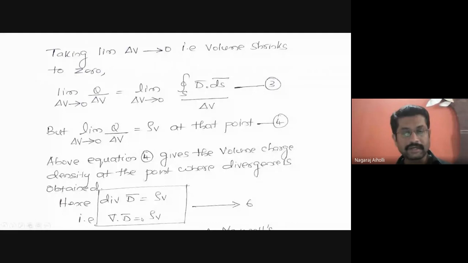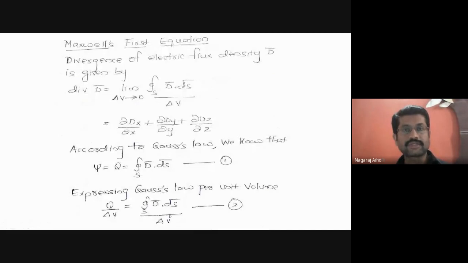The statement of Maxwell's first equation is: the divergence of the electric flux density at a particular point where the volume is shrinking to 0 is equal to the volume charge density, that is charge per unit volume, at the same point. This Maxwell's first equation is also important from the examination point of view. Many times they have asked it in the examination.